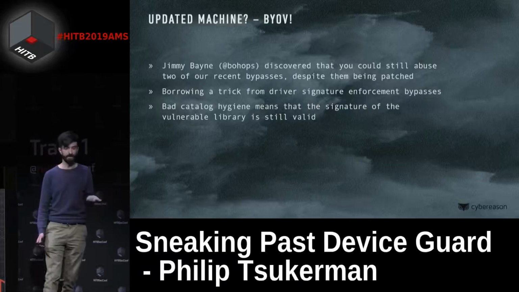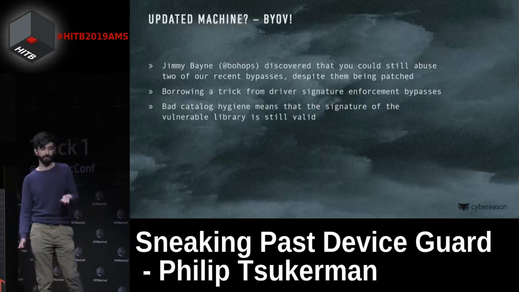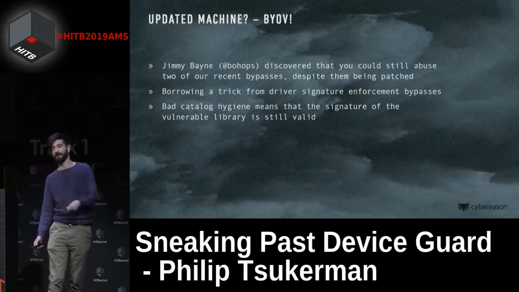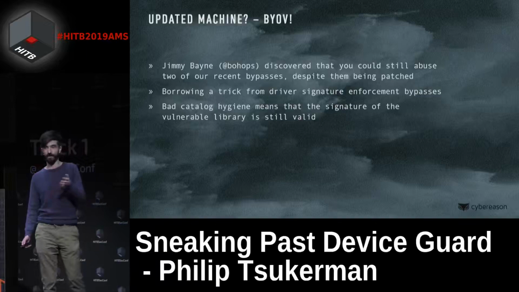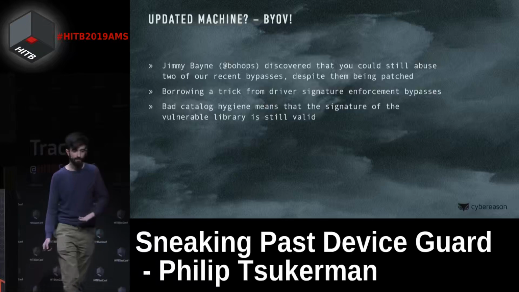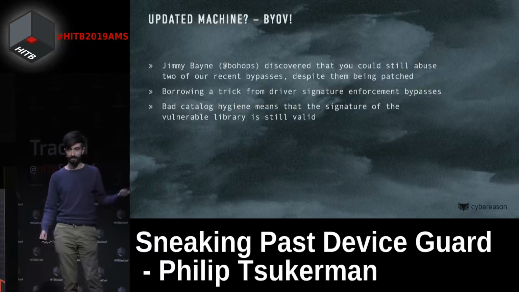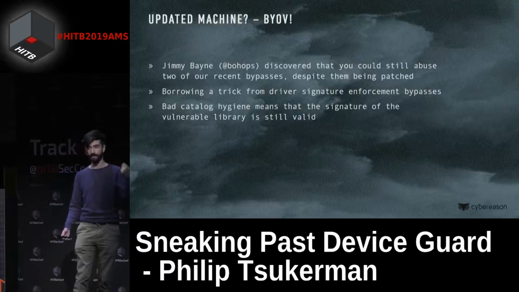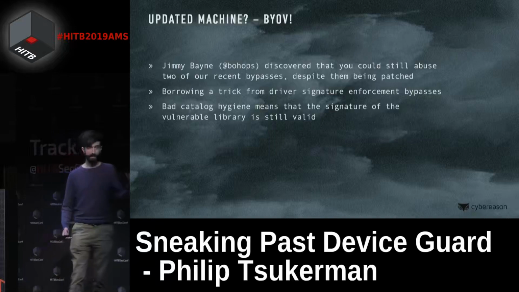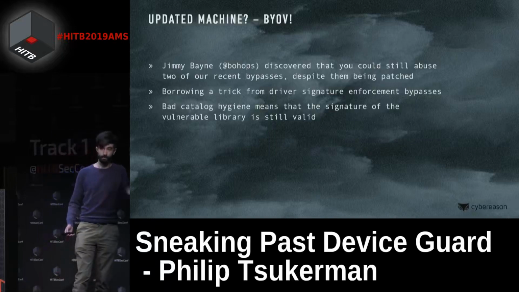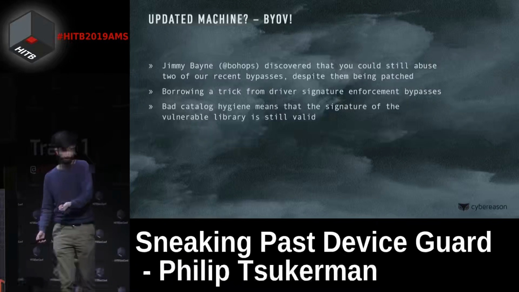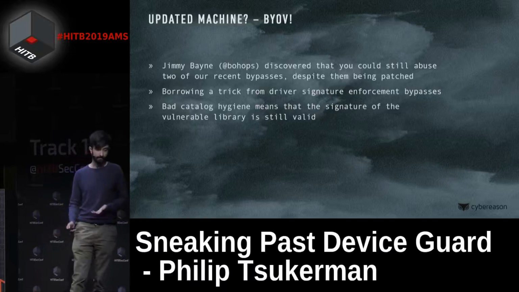And this is pretty much borrowing a trick from driver signature enforcement bypasses, in which you bring your own vulnerable driver to subsequently load your own malicious unsigned code into the kernel. And we've called this problem catalog hygiene, because what happened here is you have a vulnerable file signed by catalog. This file gets replaced by a patched file, but the catalog does not get revoked or deleted from the machine, meaning that if you bring the file again to the machine, it's valid, it's allowed, etc.